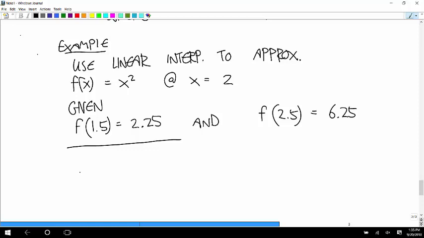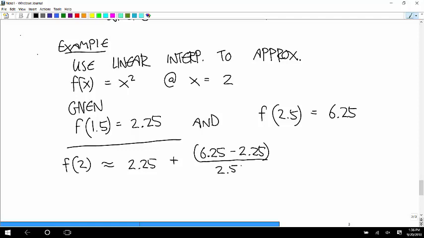Okay, so f at 2 is about equal to f at that first point, so 2.25, plus, in the numerator, we have the quantity f2 minus f1, so that's 6.25 minus 2.25, divided by the quantity x2 minus x1, so that's 2.5 minus 1.5.